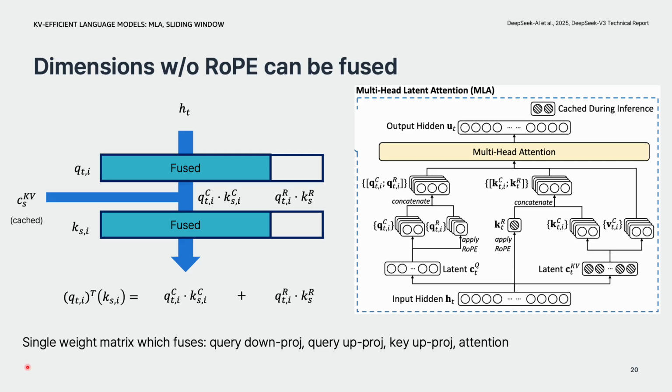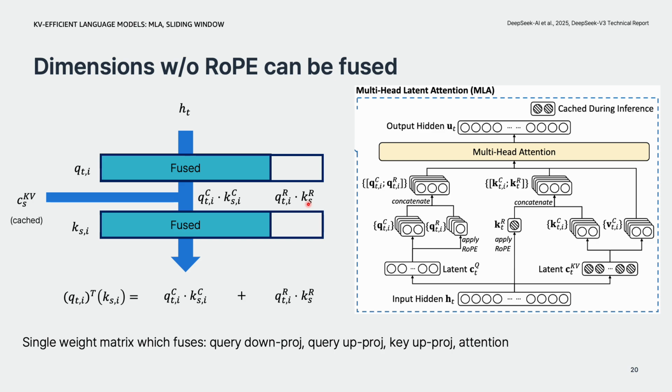This single calculation fuses a total of four operations. First, H_t is down projected to the query latent and then up projected to query. The KV latent is up projected to key, and this up projected query and up projected key are dot producted, which is the final result.